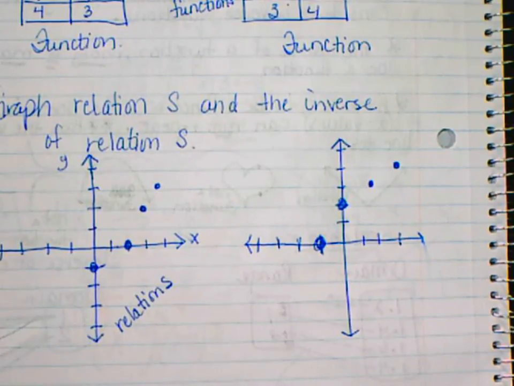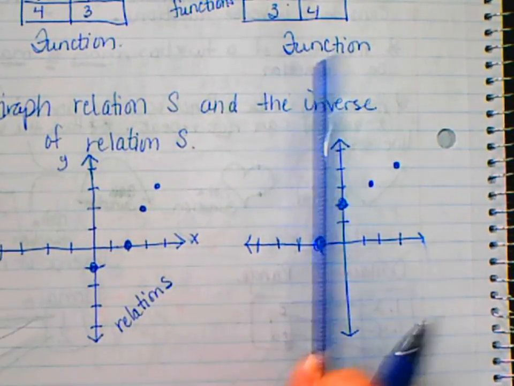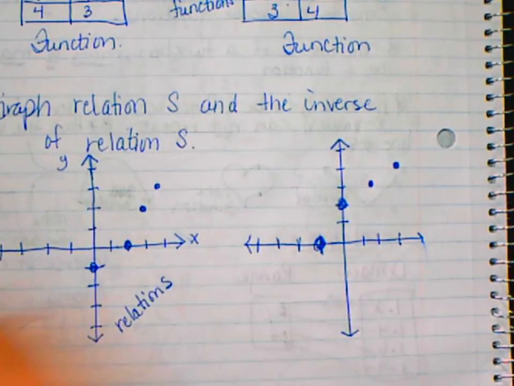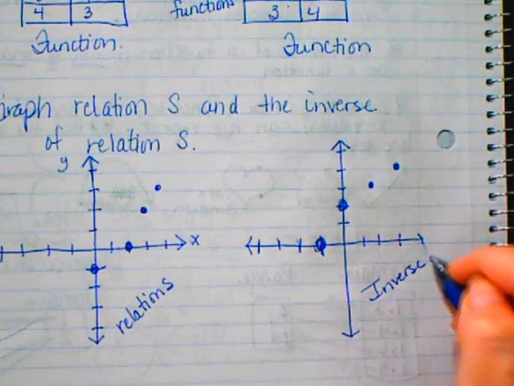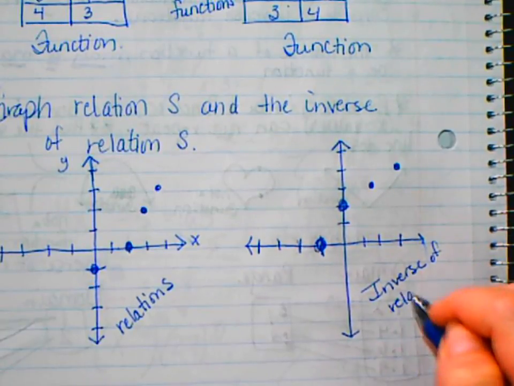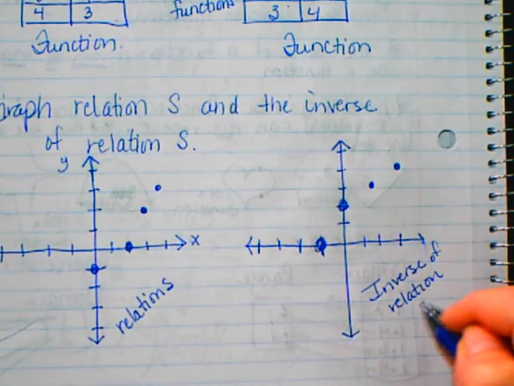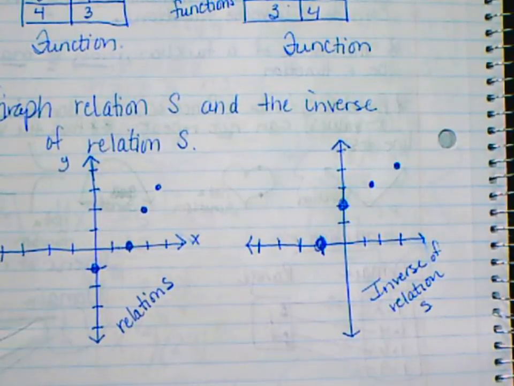And as you can see, the inverse of relation S also passes the vertical line test. Wasn't that awesome?